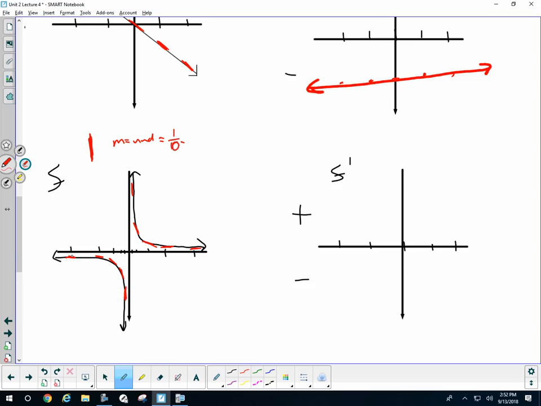So let's start plotting these. We've got negative close to 0, negative, more negative, very, very negative. So it looks like we got this. Oh, this is cool. Looks like it's the exact same thing as f. Now I got an asymptote at 0, so I'm not going to put anything there.